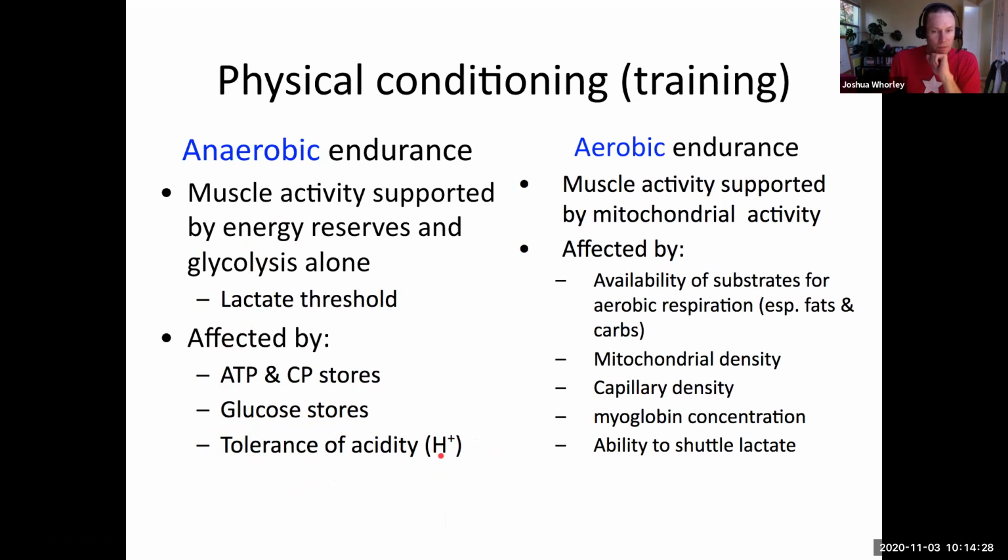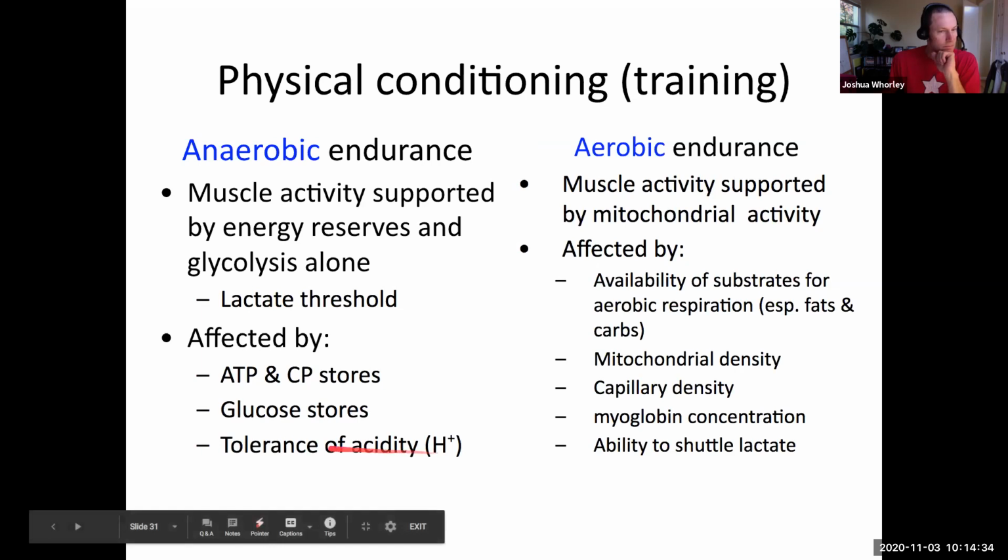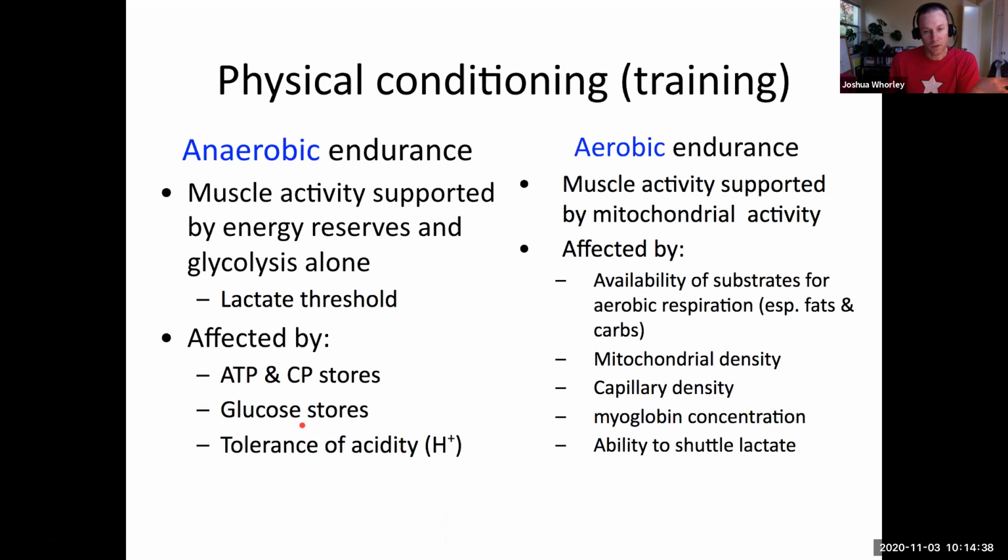And I'm blanking on something else for anaerobic endurance. Well, your hybrid fibers, type 1, 2A, will now produce more type 2A fibers, right? Instead of type 1 fibers. If you have type 2A, 2X fibers, they'll probably shift to making more type 2X fibers, right?